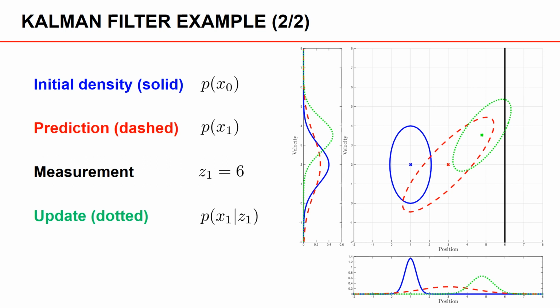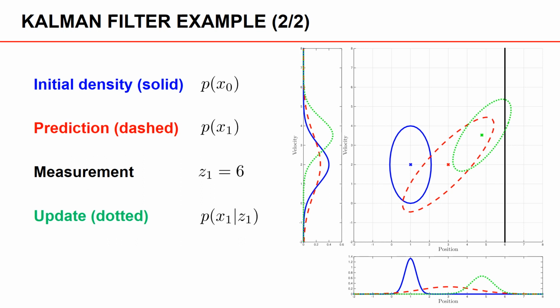We can also see that we have updated the velocity. It's no longer equal to 2. Instead, it has been updated to a value of about 3.5. So, despite the fact that we only measure position and not velocity, we still get an update of the velocity, because in the prediction we use the motion model, which in turn introduces a correlation between the two states, a correlation between the position and the velocity.